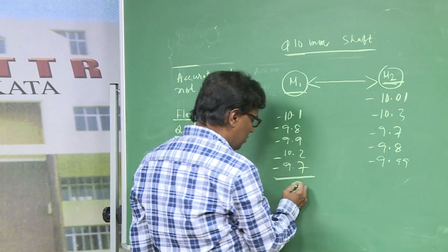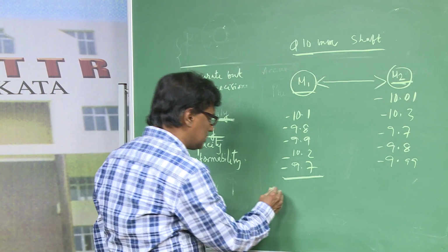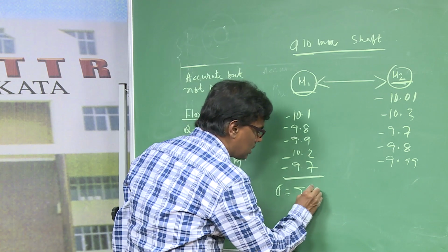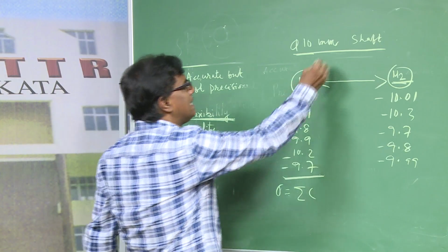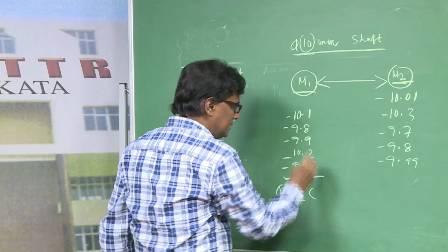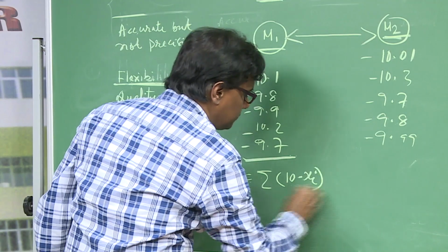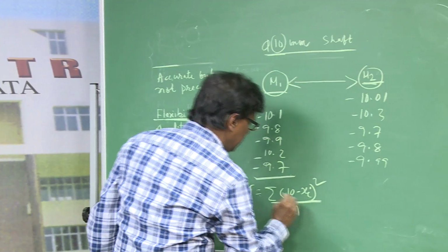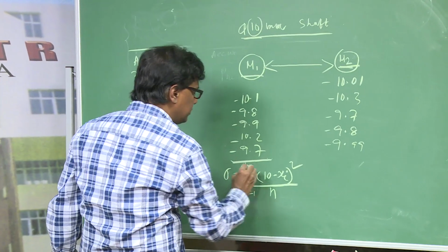What does it mean? That means I will calculate the standard deviation, which is equal to the summation of, if the basic size is 10, then 10 minus x_i, by n, i equal to 1 to n.